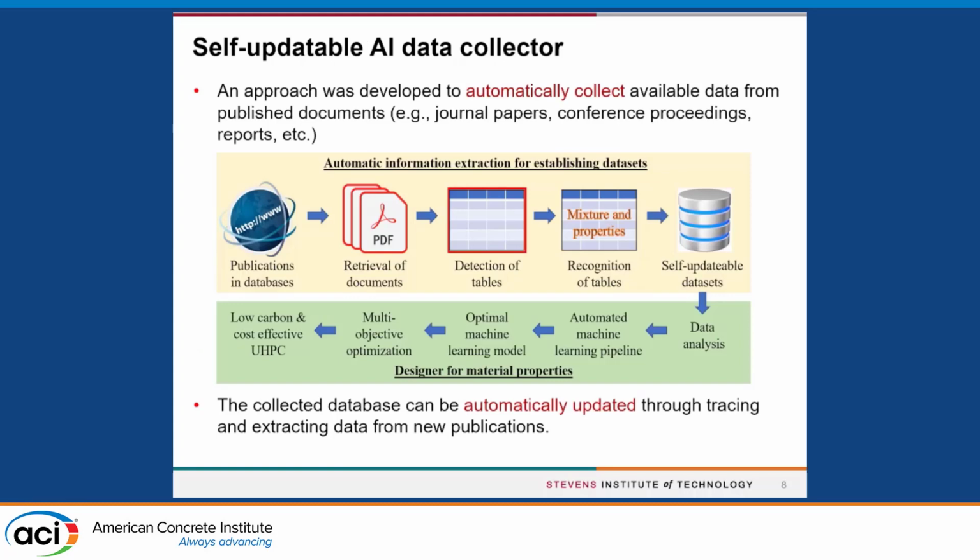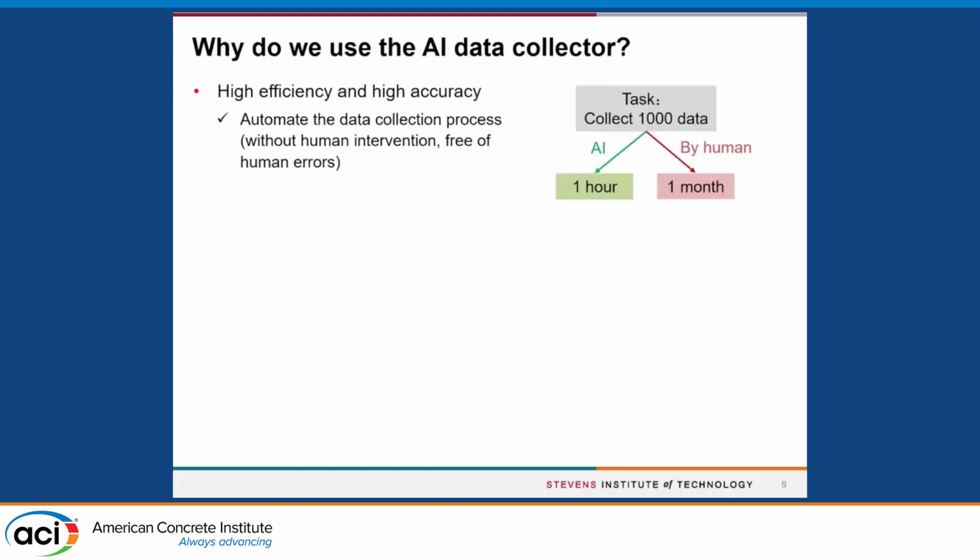The AI data collector was developed to automatically collect the available data from published documents, such as journal papers, conference proceedings, reports, etc. The collected data can be automatically updated through tracing and extracting data from new publications.